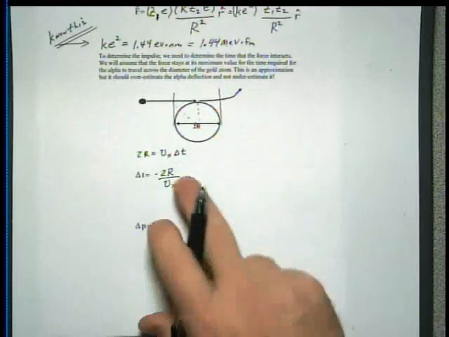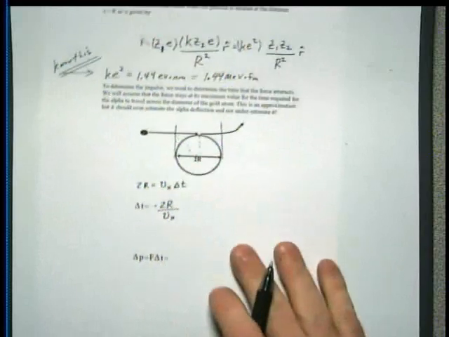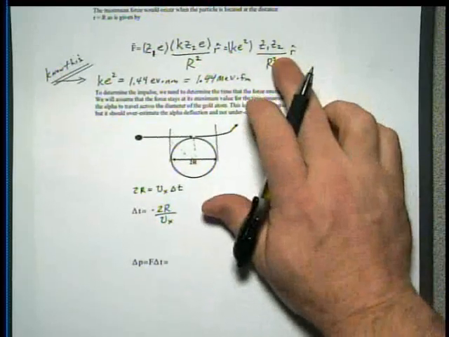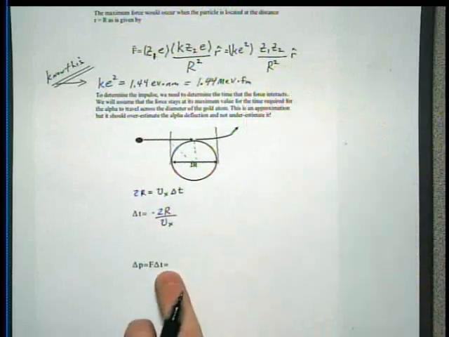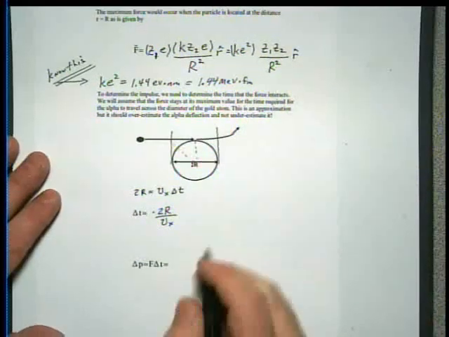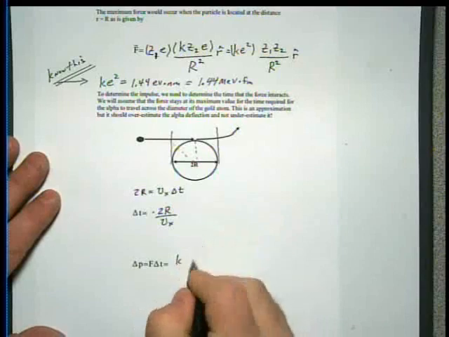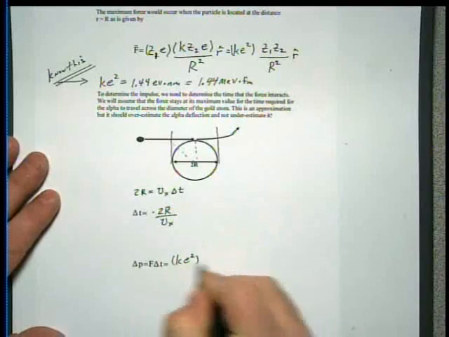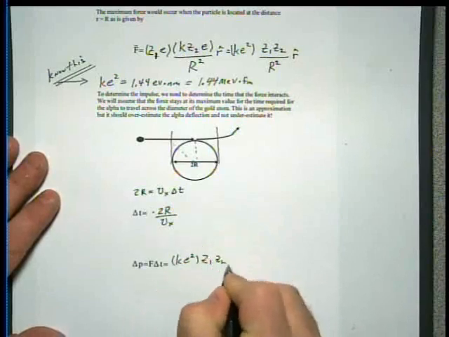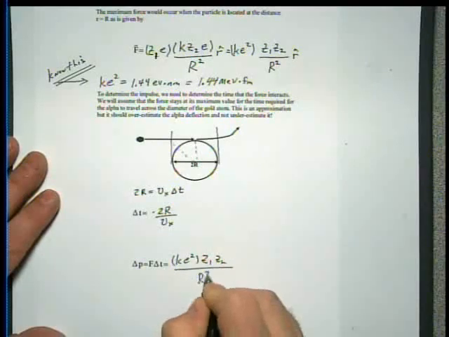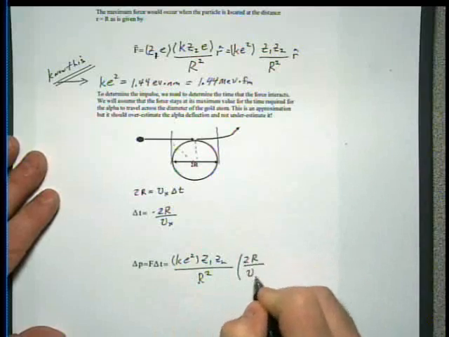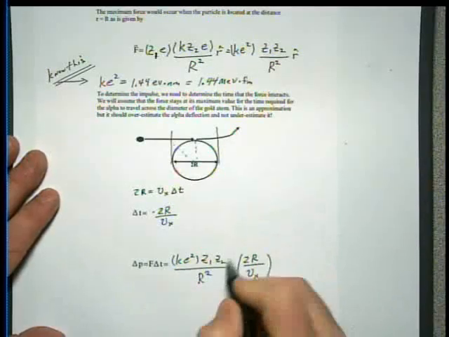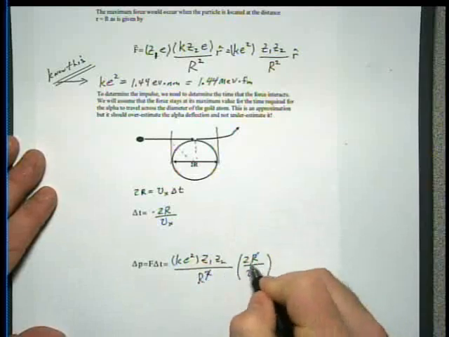I'm now going to take that delta t, and I'm going to take this force, and I'm going to overestimate the deflection, the change in momentum, by plugging it in here. Okay, E squared, Z1, Z2, over R squared, and then I want to multiply that by 2R over Vx. See, that's going to kill one of those, kill that.